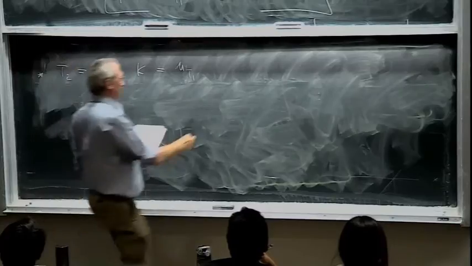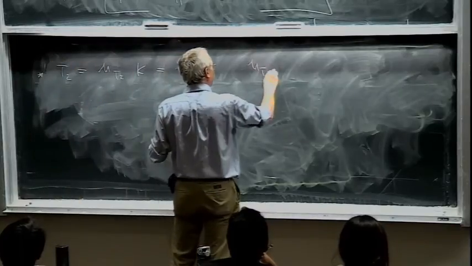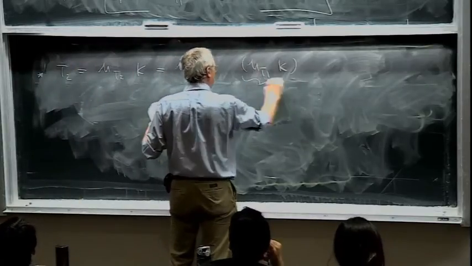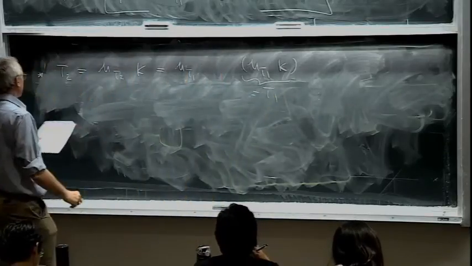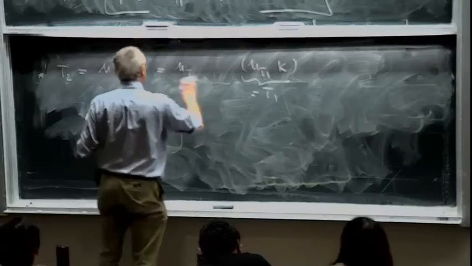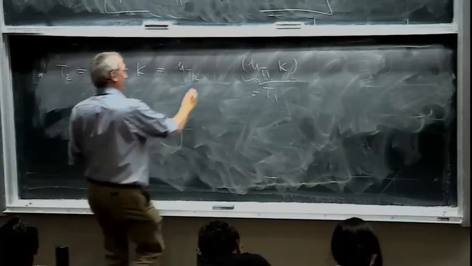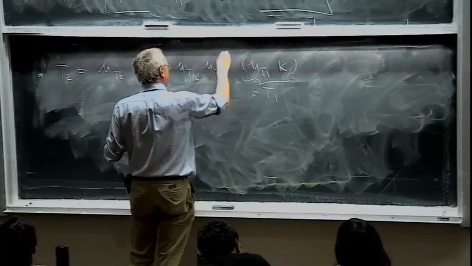So obviously we write T1 as UT1 K, which is precisely T1. And then this is T2, and then we have to fix this.